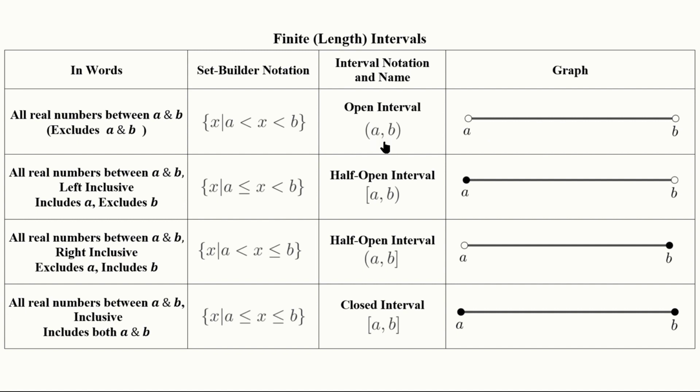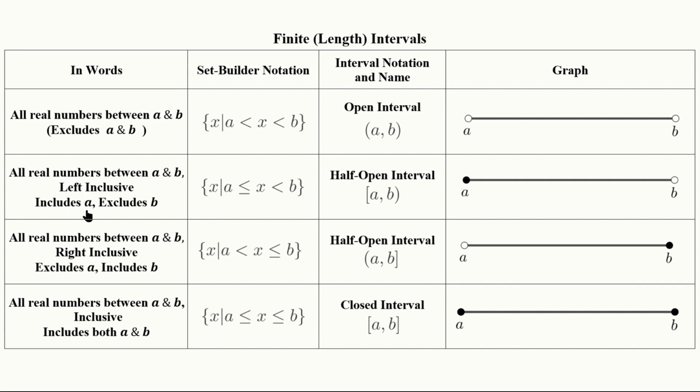And the way we write that in interval notation is we just use parentheses, a comma b, close parentheses. Now, this is not to be confused with an ordered pair. This is a completely different usage of the same notation we used for an ordered pair. Now, what if I want to include the left endpoint but not the right endpoint? So we say all real numbers between a and b, left inclusive.